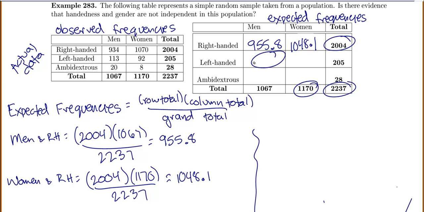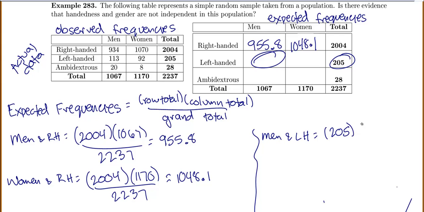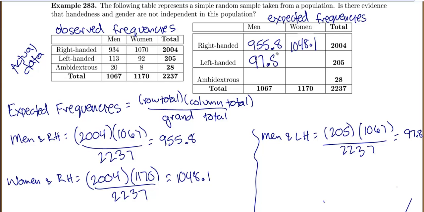Now let's do, say, men and left-handed. So that row total is 205 times the column total of 1067 divided by the grand total of 2237. So this is 97.8. Let's now do, say, women and ambidextrous. Let's just skip to that one.